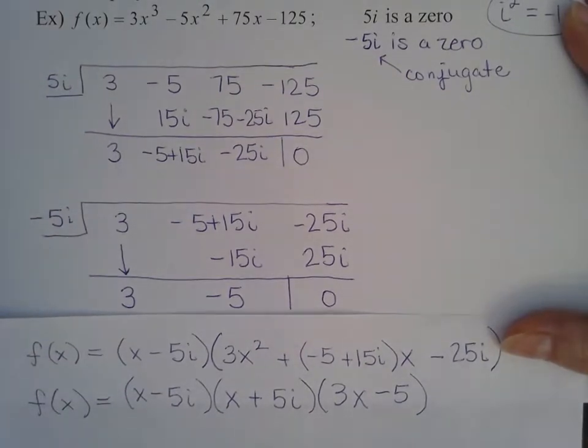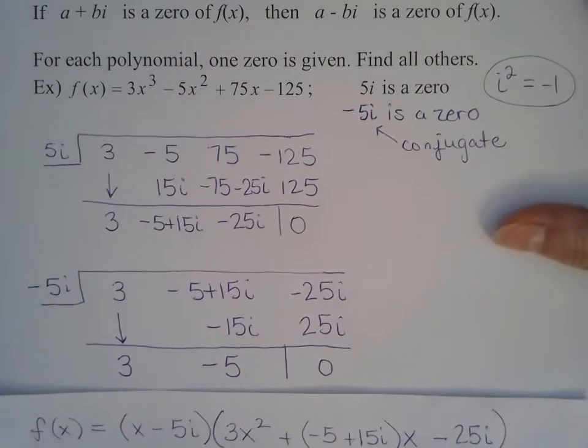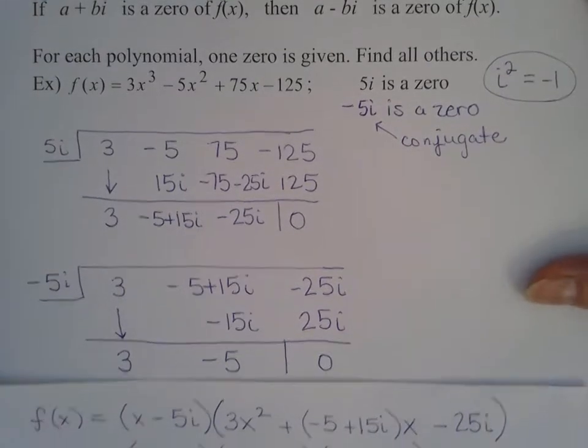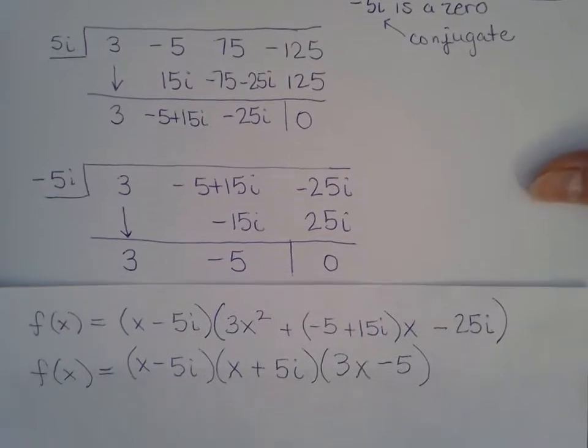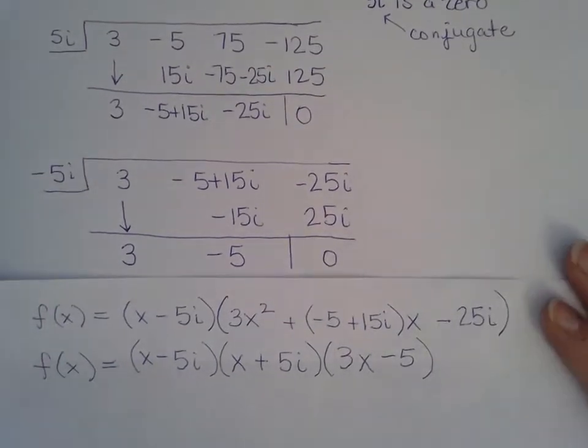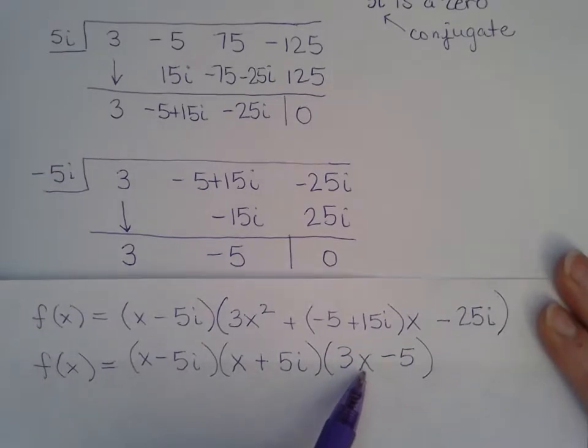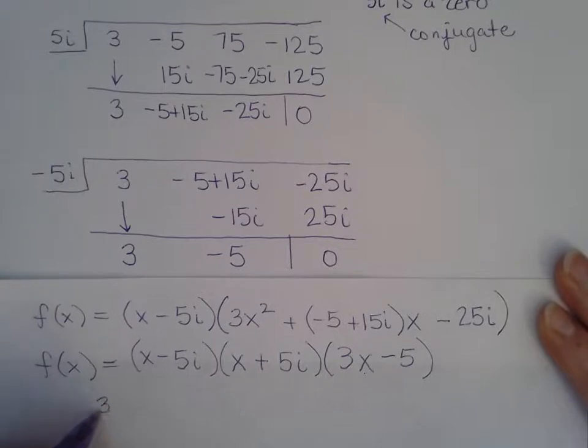Okay, so if I go all the way back to the beginning of the problem, it said for each polynomial, 1 zero is given, find all the others. So find all the other zeros. So I did my division, I did my factoring. To get the last 0, I could set this equal to 0. Maybe you could do that in your head, but I'll go ahead and write it out.